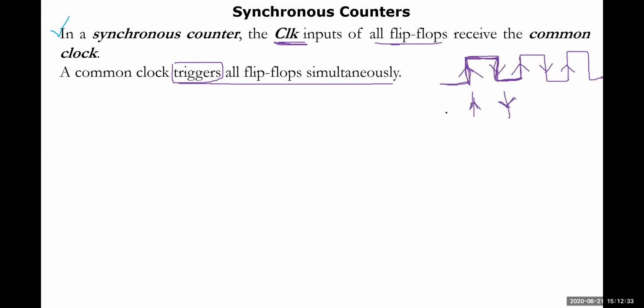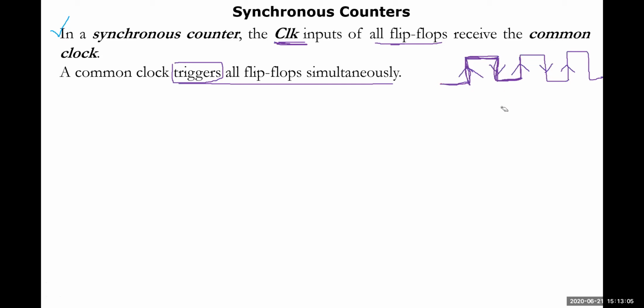A synchronous counter will always trigger during its positive direction, I mean 0 to 1, whereas an asynchronous counter will be triggered towards the negative direction, that is, negative edge triggering, 1 to 0. When it becomes 1 to 0, the asynchronous counter works here. So that is what you need to understand very clearly while starting synchronous or asynchronous counters.